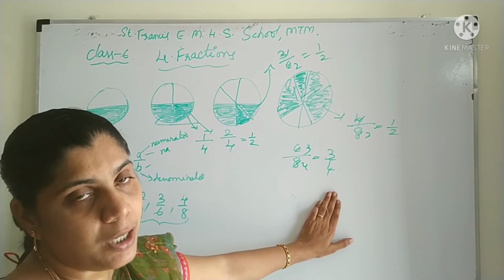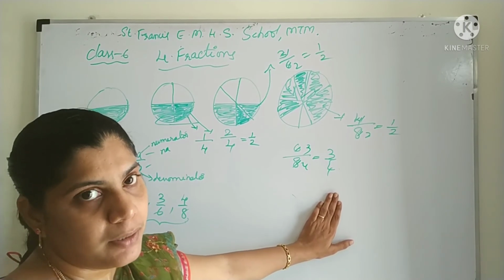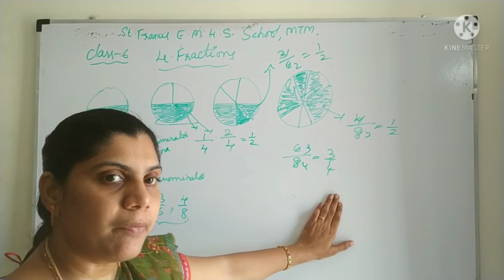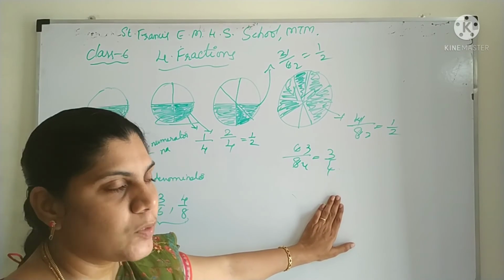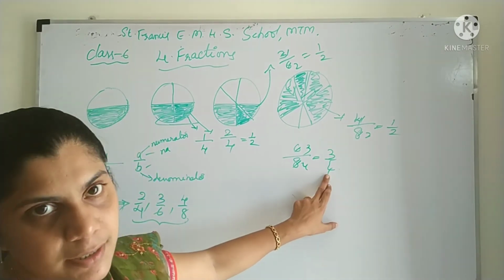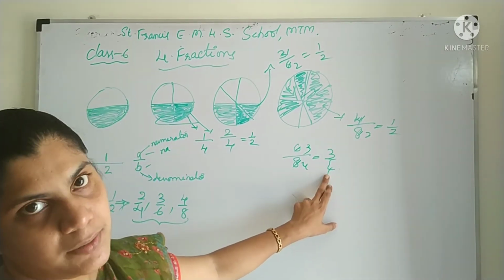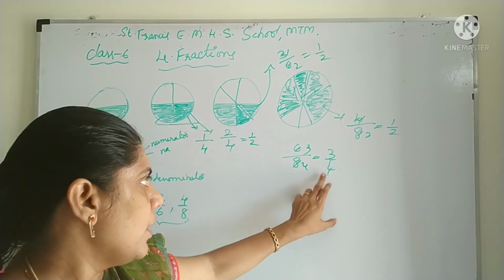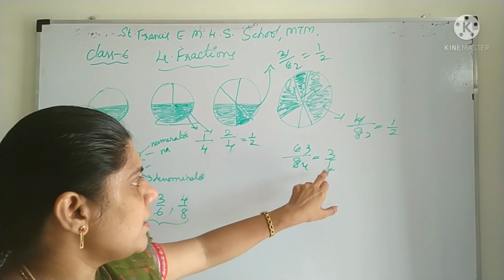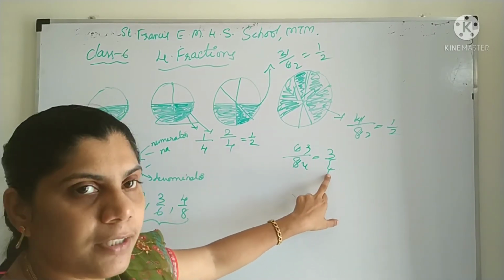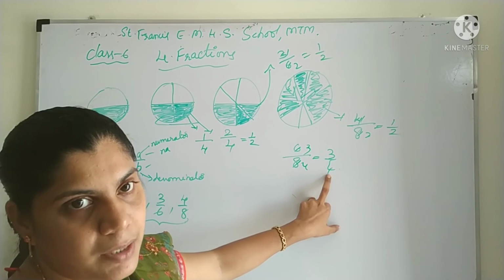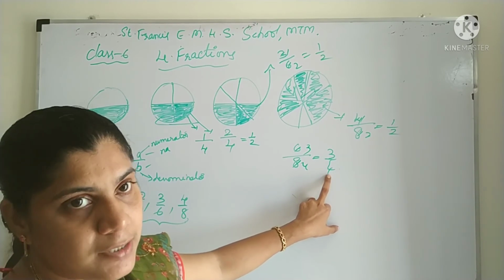At this time, if a fraction has one and only one common factor, that fraction will be called a simple fraction, the simplest form of the fraction. What is the simplest form of the fraction? By reducing this one, whatever you get now is the simplest form of the fraction. For this fraction, 1 is the only factor here.